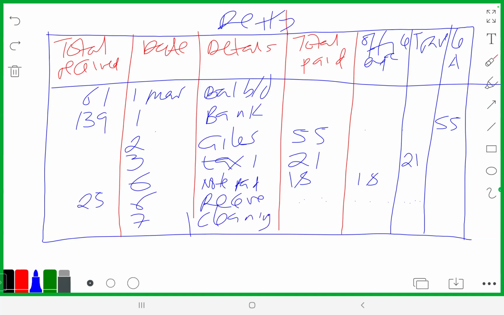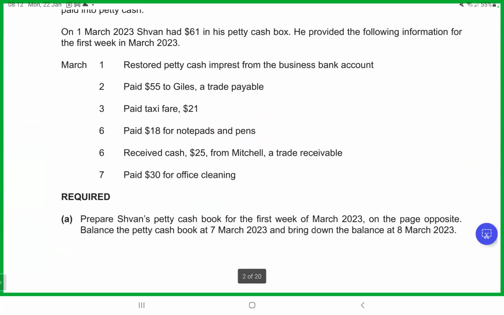Where would it go? It goes under office expenses, because we were cleaning the office.